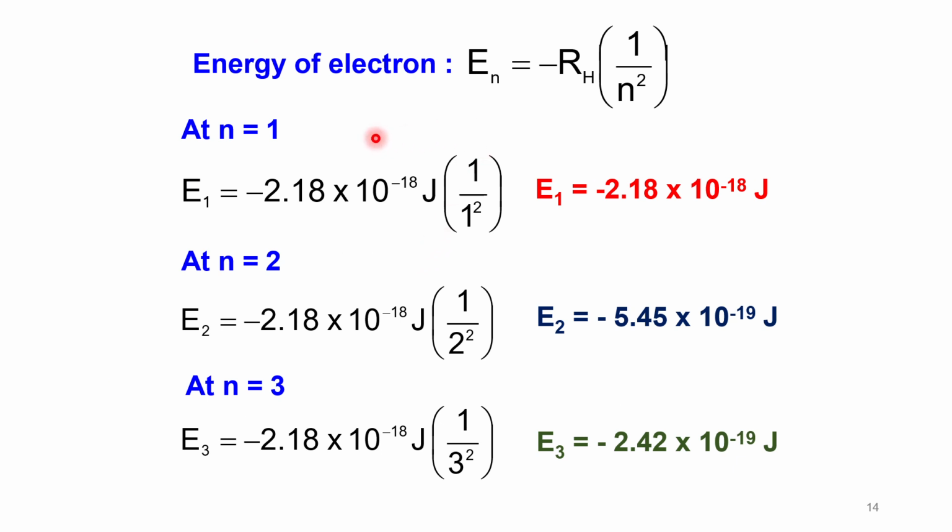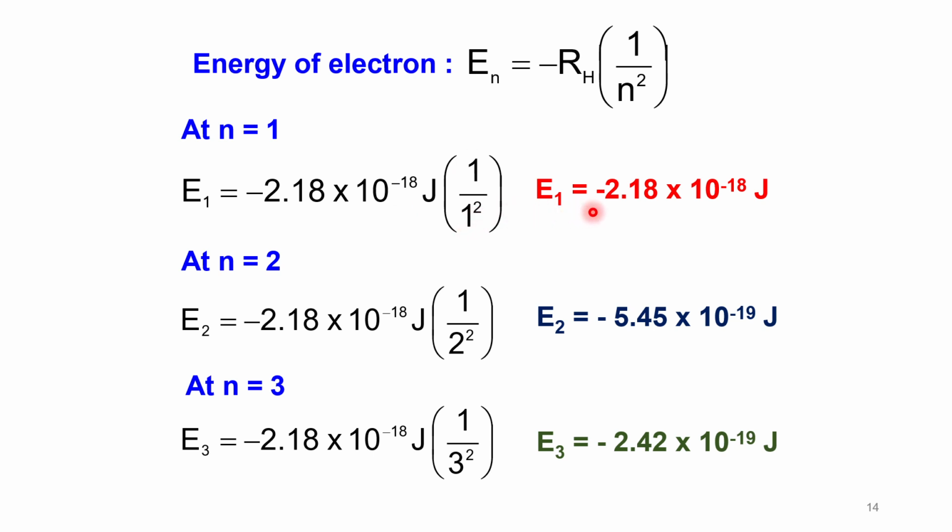For example, to calculate energy of electron when it moves at first orbit, n equals 1, we have the formula En equals negative RH times 1 over n squared. R is Rydberg constant 2.18 times 10 to the power negative 18, times 1 over 1 squared.